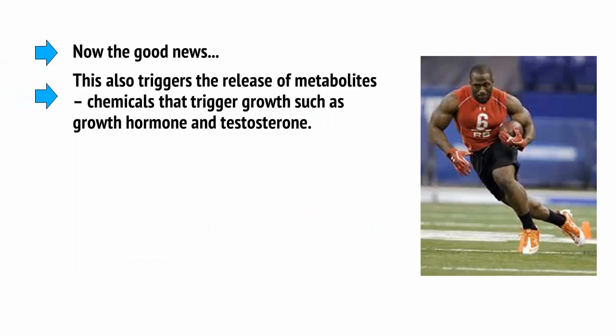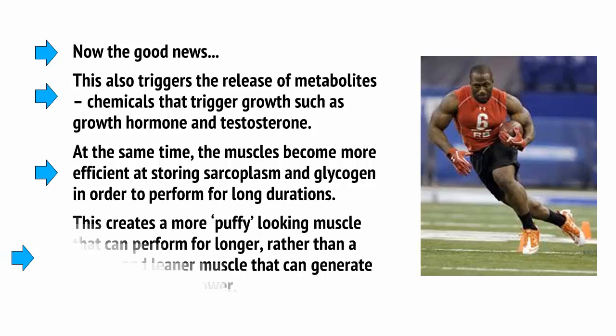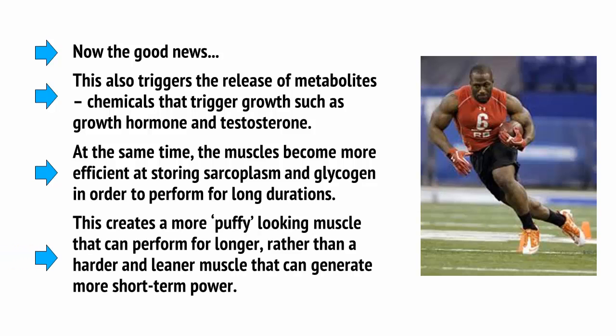Now, the good news. This also triggers the release of metabolites, chemicals that trigger growth, such as growth hormone and testosterone. At the same time, the muscles become more efficient at storing sarcoplasm and glycogen in order to perform for long durations. This creates a more puffy-looking muscle that can perform for longer, rather than a harder, leaner muscle that can generate more short-term power.